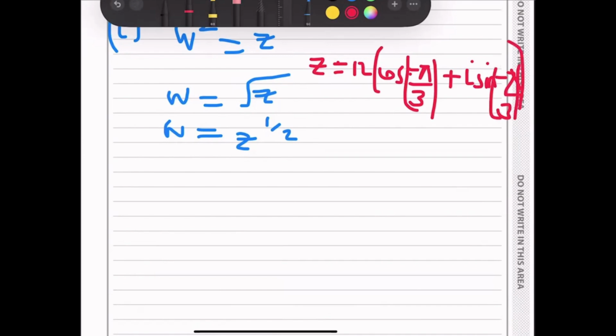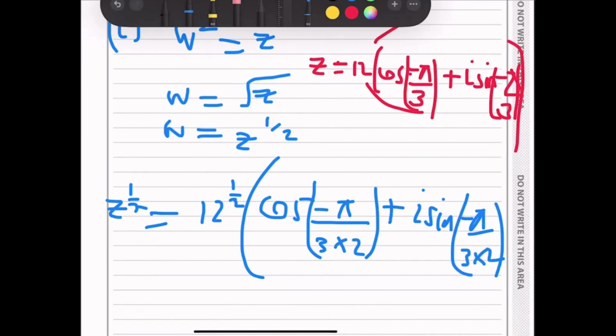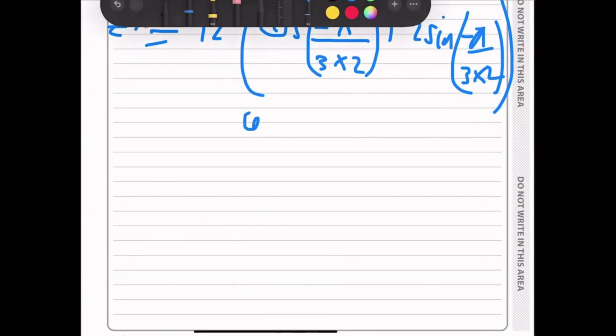So to find w, it becomes 12 to the power half, and you multiply the angle by 1 over 2. So cos of minus pi by 3 over 2 plus i sine of minus pi by 3 over 2. So you get cos minus pi by 6 plus i sine minus pi by 6.